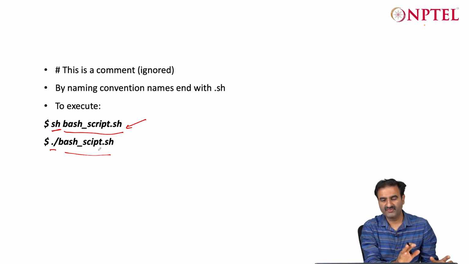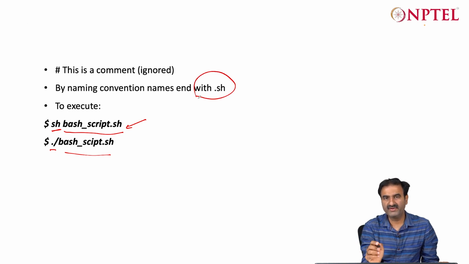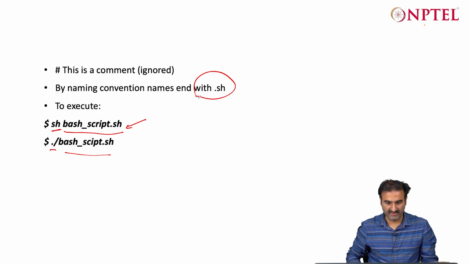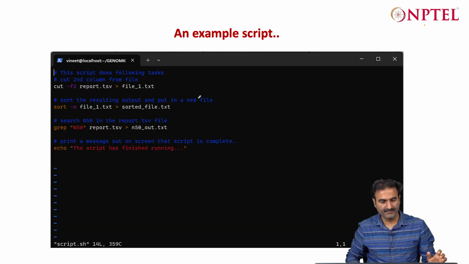By naming convention you will always put .sh after the script file, the file where you have combined the various commands or anything that you want to do again and again.